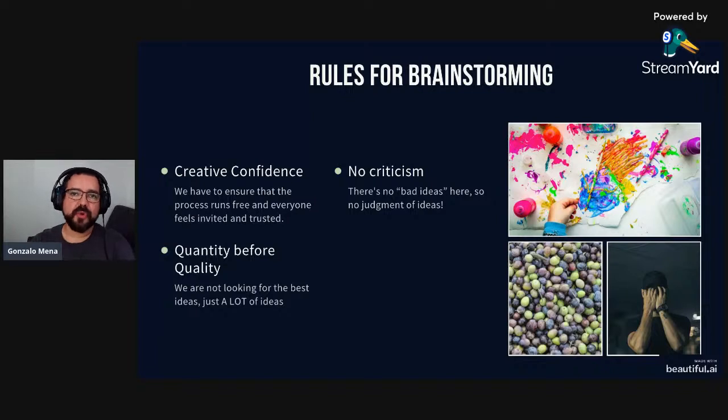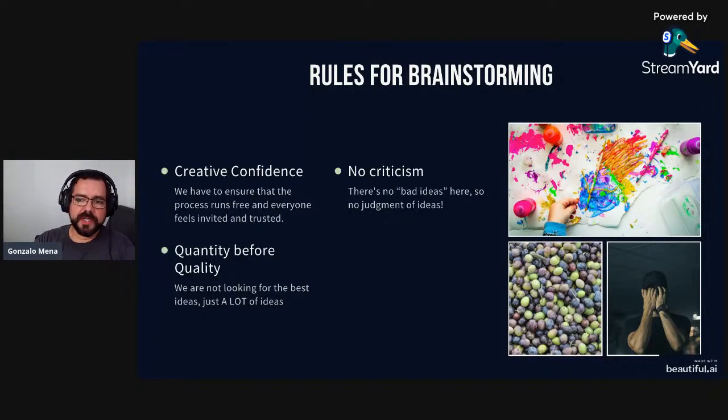This is a creative zone, and every idea, every thought is welcome, of course, as long as it's done with respect. This is not an open invitation to be rude to people and to say bad things. You can speak whatever idea you have in your mind as long as it's done with respect.